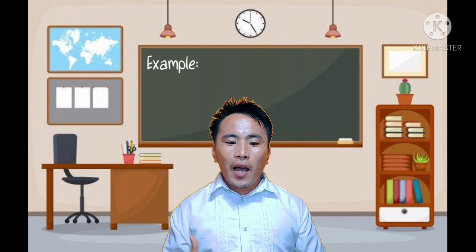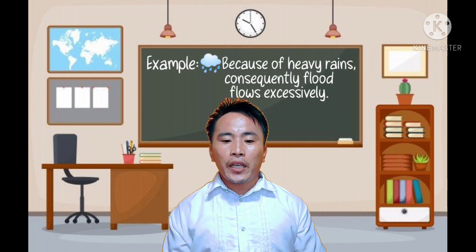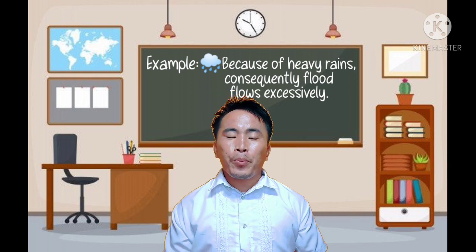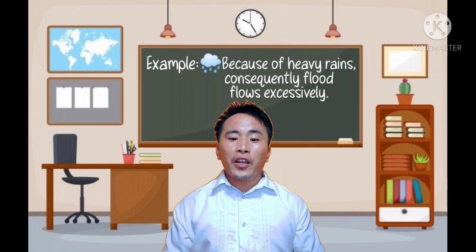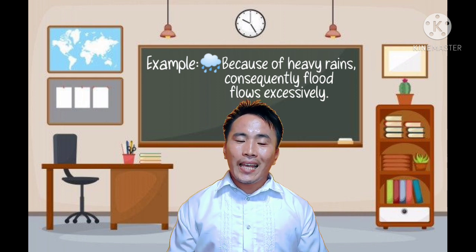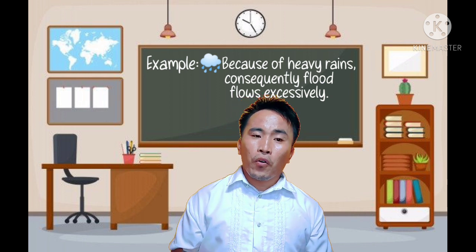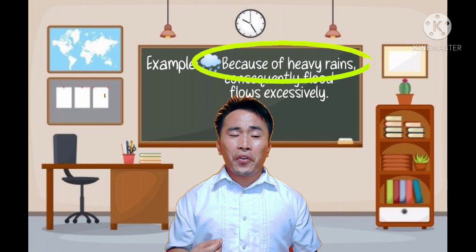Kids, for example, because of heavy rains, consequently, flood flows excessively. I'll repeat, because of heavy rains, consequently, flood flows excessively. In the sentence, what is the cause? Very good. The cause is because of heavy rains.